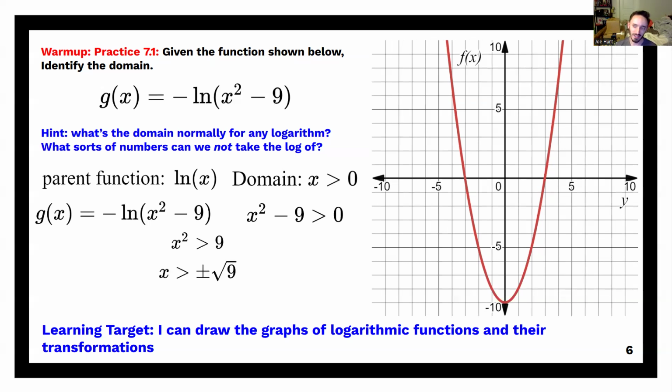I can take a more algebraic approach, solving for x, but I've got the plus minus root 9 thing going on. Thinking about it graphically, I have to be left of x equals negative 3 and right of x equals positive 3. So long as I'm left or right of those x values, the graph is above the x-axis and it's a positive number, which means I can take the logarithm of it and not have a problem.